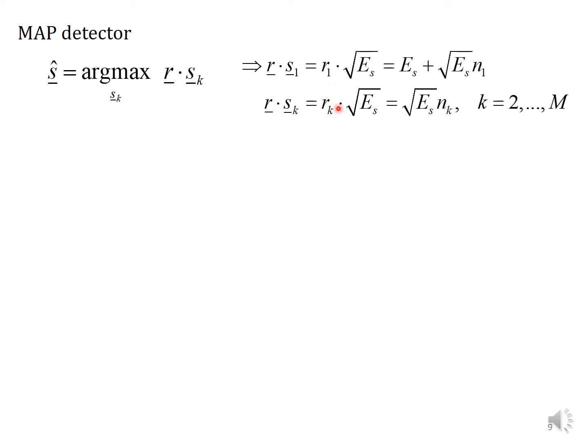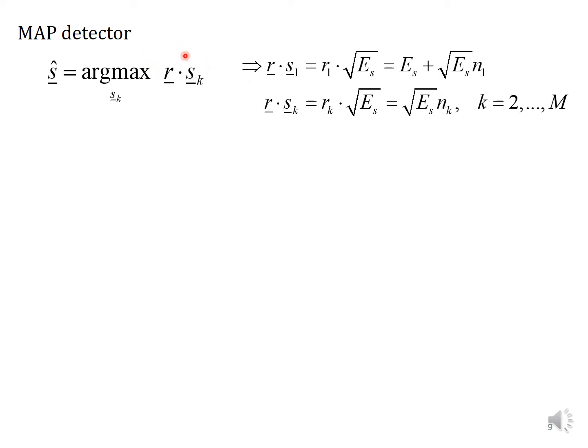The source is only non-zero on dimension k, so that becomes the noise k.